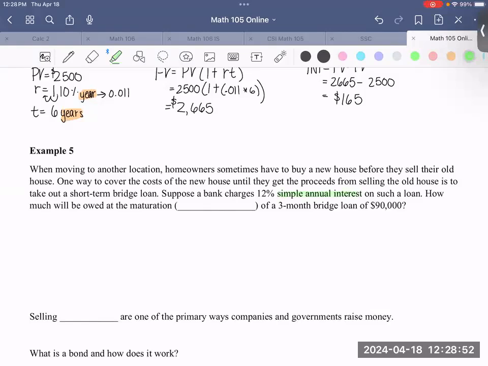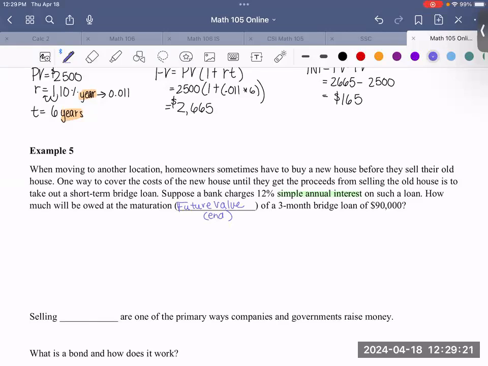How much will be owed at the maturation? This is a fancy way to say the maturity, the future value, the end. If something is mature, they have grown up, they were older, right? They're at the end of a 3-month bridge loan of $90,000.